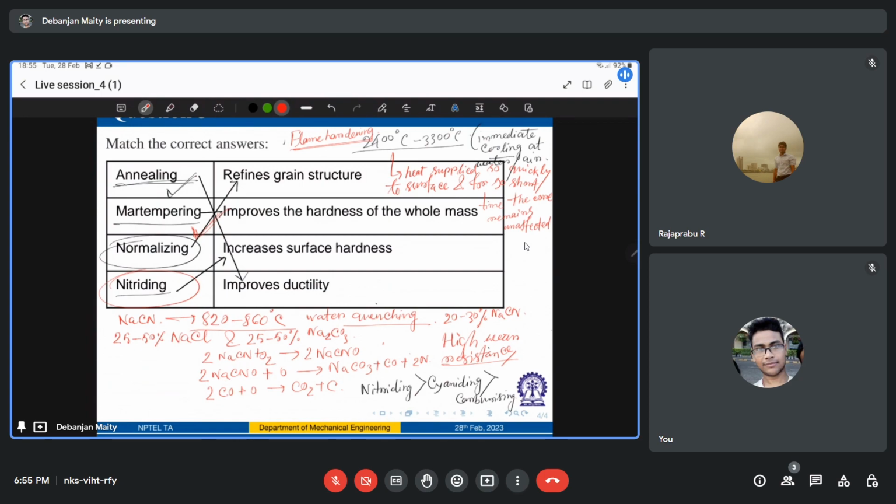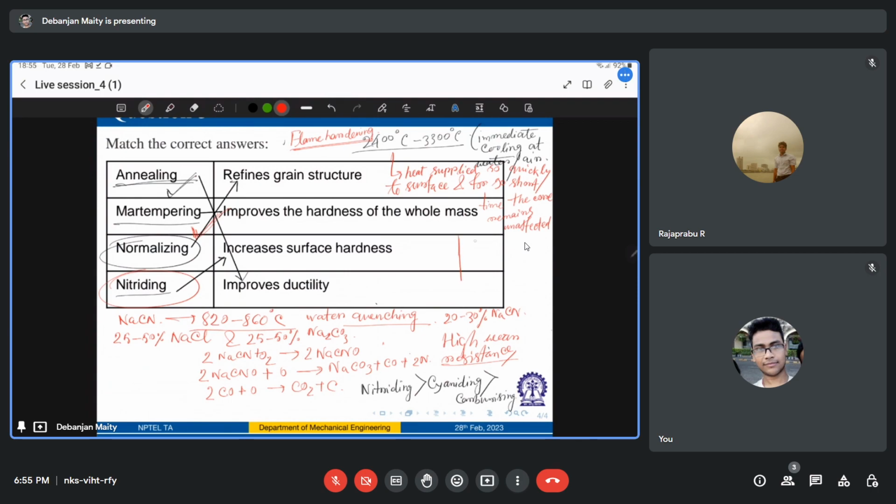Now, as soon as your desired temperature is achieved, the water is immediately sprayed, which cools the surface. Correct. By proper control of this heating and cooling operation, the core is not affected by the treatment. You can think that the thickness of this layer is some 2 to 4 mm, and its structure is martensite.